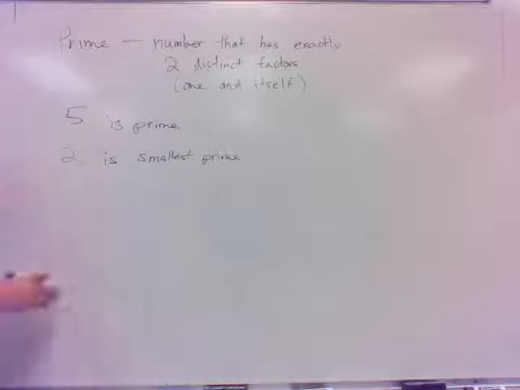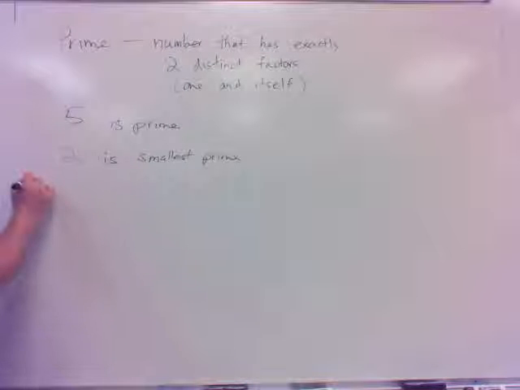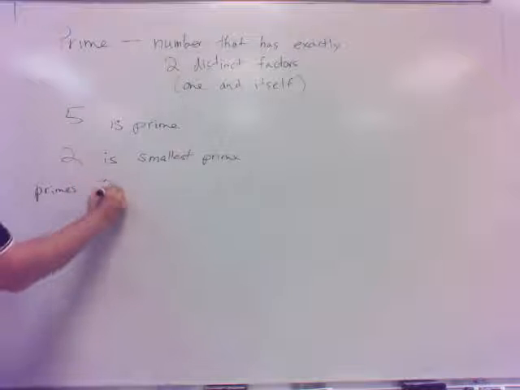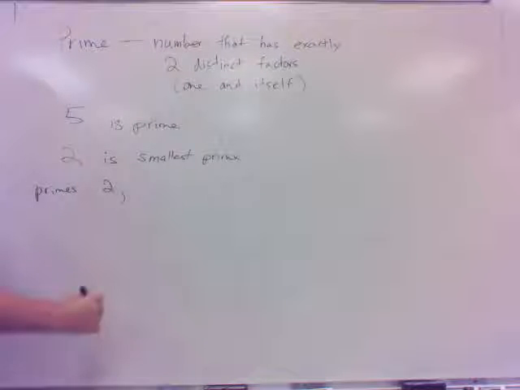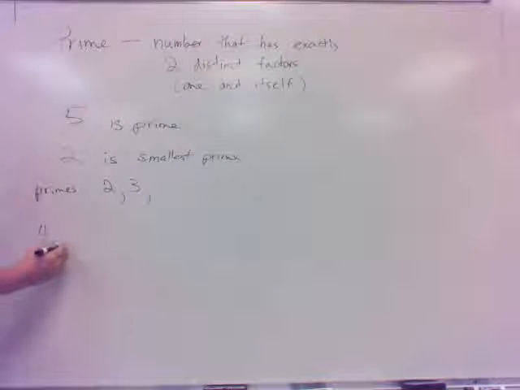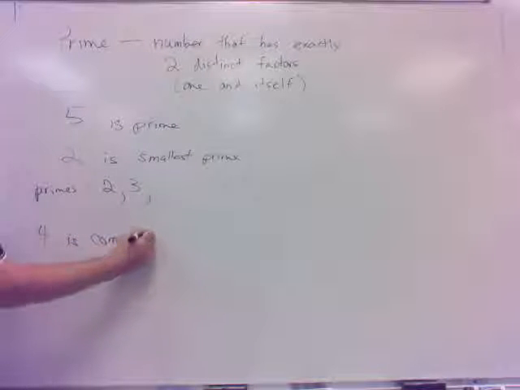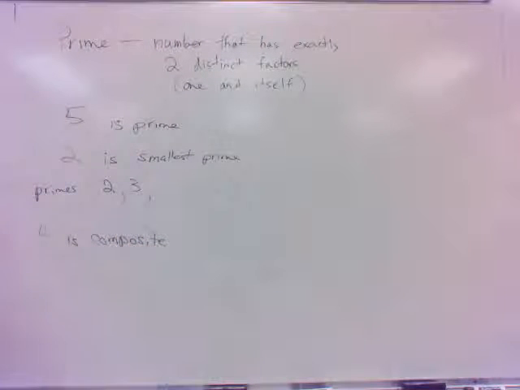Okay, so we just start listing primes. Start with 2. Then we've got 3. Is 3 prime? 4? No. Now, that brings up the other little word there. 4 we call composite.